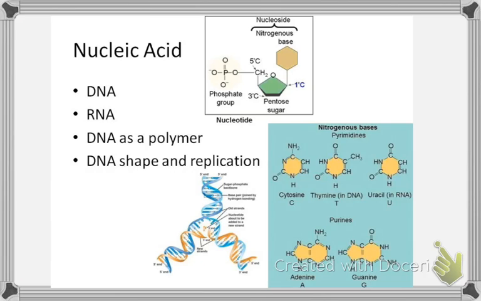The flow of genetic information is going to go from DNA to RNA, or mRNA to be more specific, to make a protein.